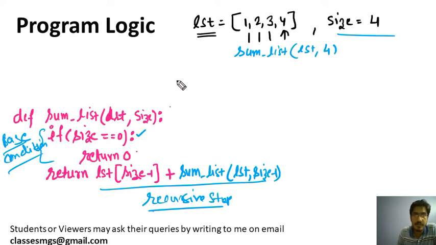Now what will happen, this line will execute. If size equals 0? Size has the value 4, so size is not 0, then control will come here.